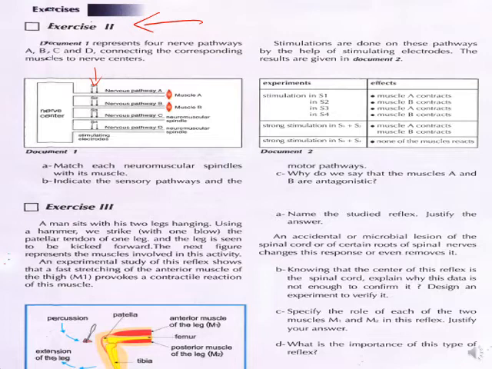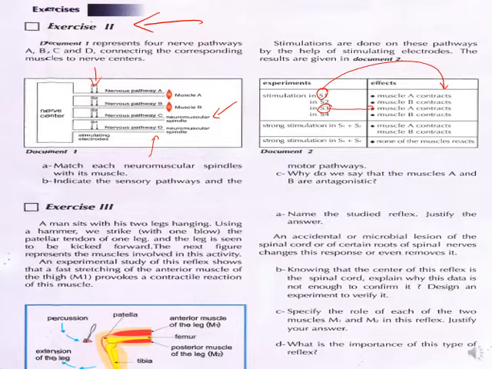So the neuromuscular spindle that corresponds to the pathway C, this one, S3, is that of muscle A. So in S3, we have the contraction of muscle A. Since the stimulations S1 and S3 both lead to the contraction of A, while the neuromuscular spindle that corresponds to the pathway D, this pathway S4, is that of muscle B. Why?